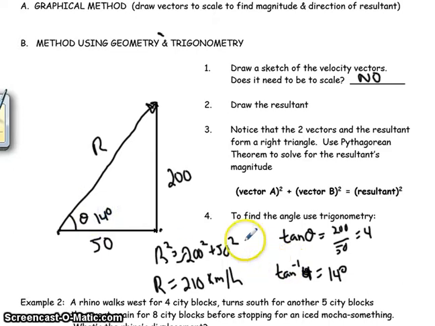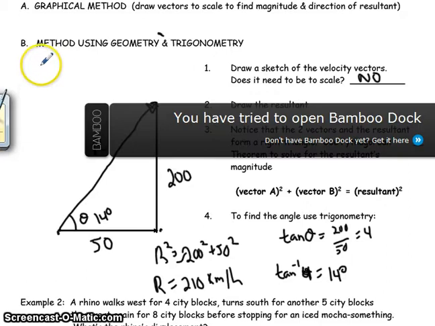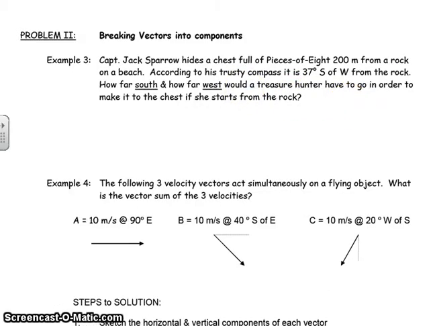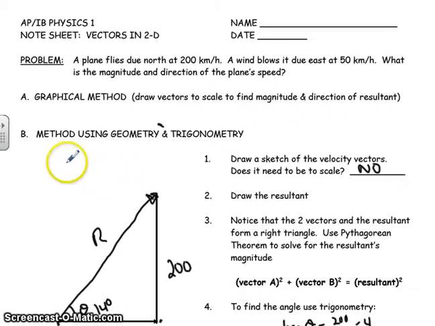So if I want to get the full answer, what is the magnitude of the resultant velocity, what I would say is, let's try that again.